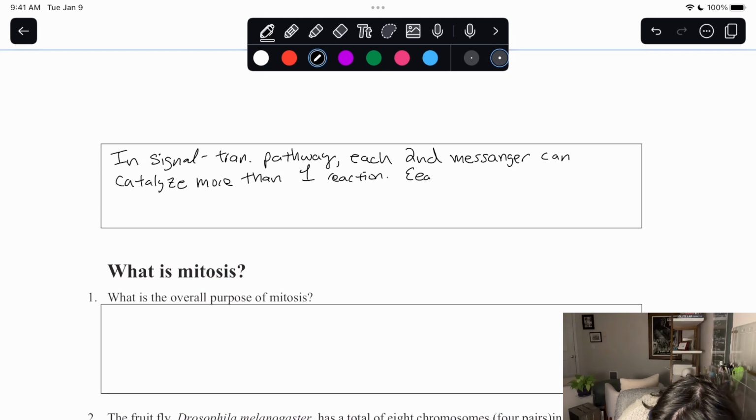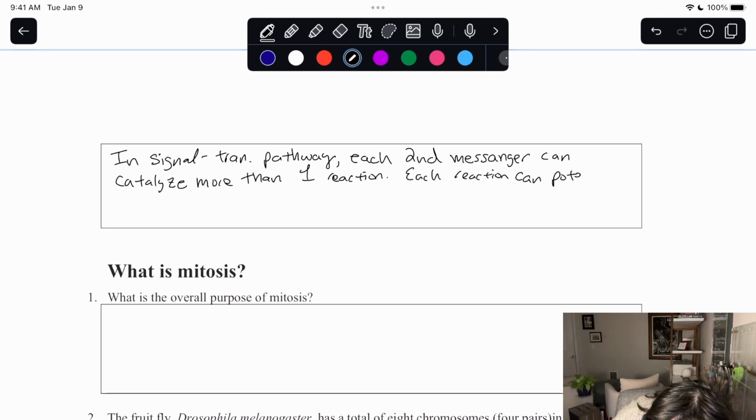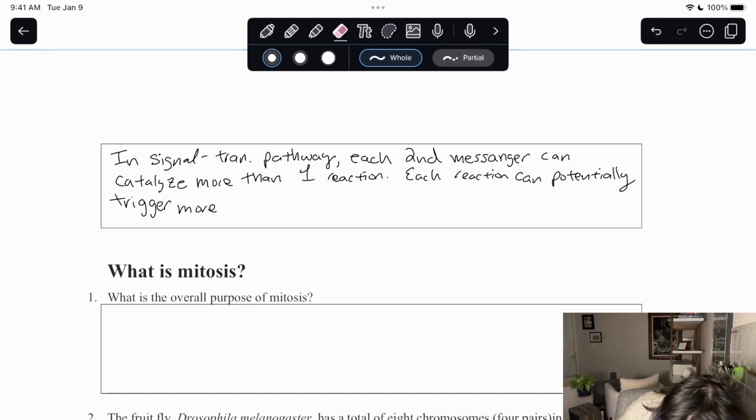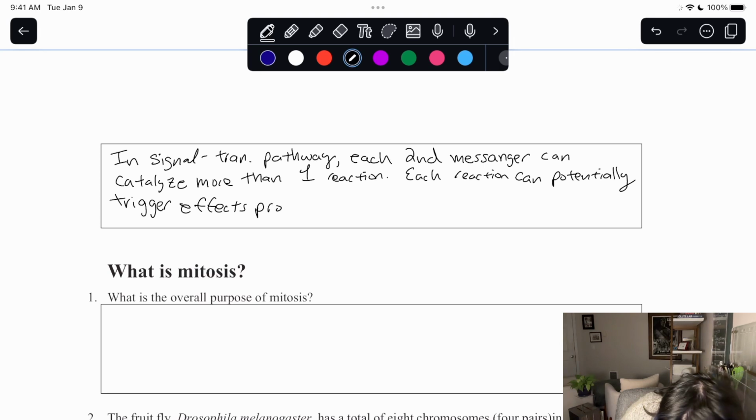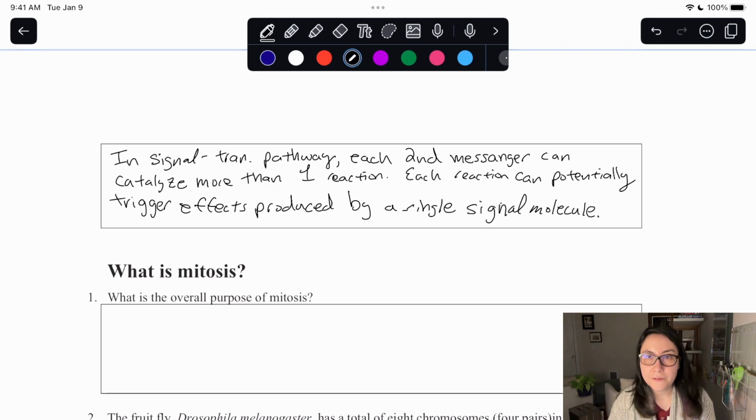And each reaction can potentially trigger effects produced by a single signal molecule. There you go. Moving on.